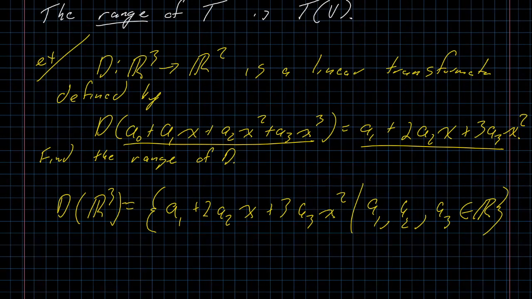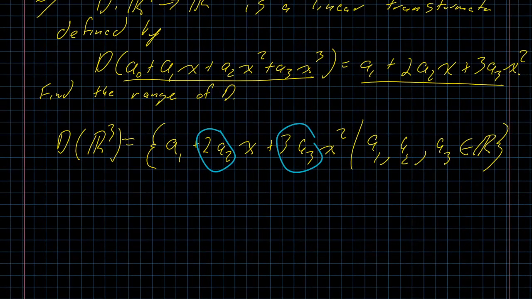One of the interesting tricks that we've used in the past is recognizing that if you have an arbitrary real number like a2 or a3, and then you multiply it by a constant, that doesn't change the fact that you have an arbitrary real number. And so I can perform a change of variables here.